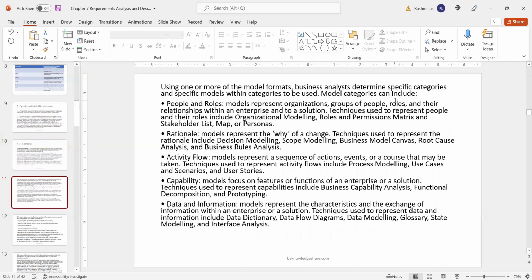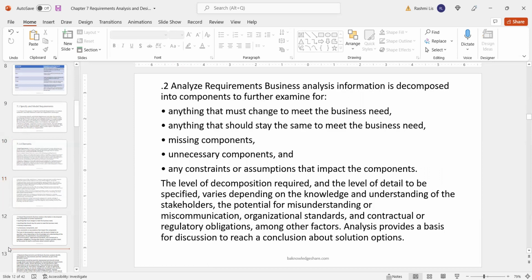Some of the model categories that she uses are people and roles, the why, the rationale behind it, the activity flow, and the capability. So she tries to represent the capabilities of the business that impact the requirements, as well as the data information, meaning she tries to understand, hey, what is the data flow of this effort.